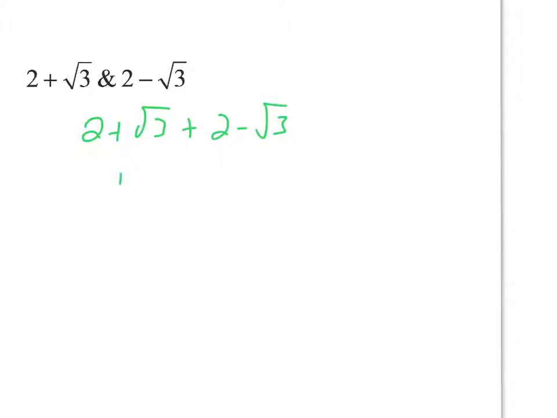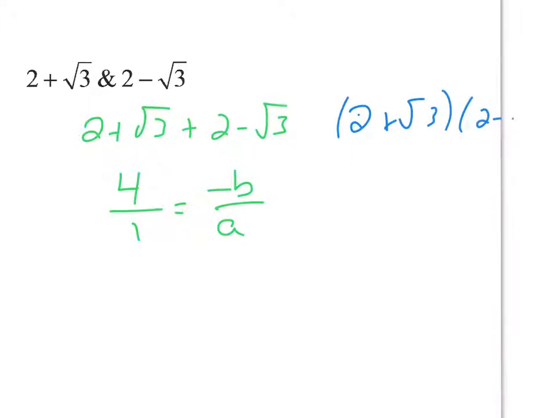So I now know that 4, I'm going to put it right over 1 right now, is equal to -b over a. My product is going to be, I'll do this in blue, 2 plus root 3 times 2 minus root 3. Hey, ding, ding, ding. What do we notice about 2 plus root 3 and 2 minus root 3? What are those things called? Conjugates. Very good.